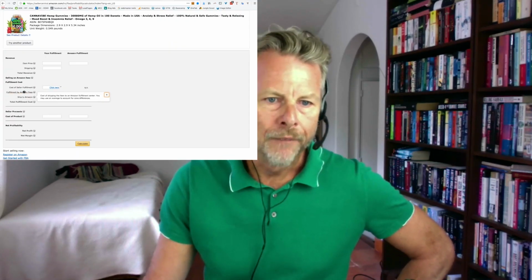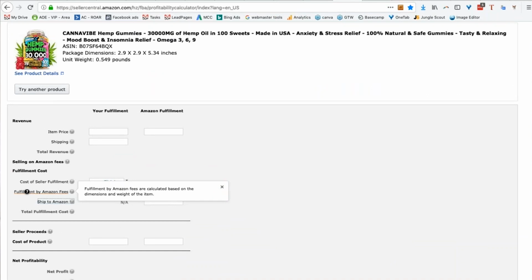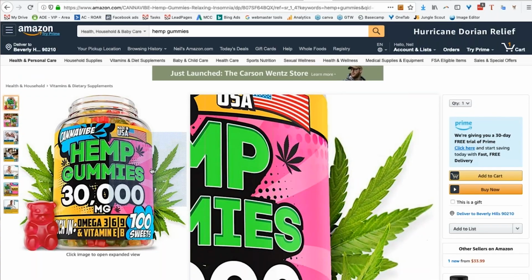Way number two is fixed fees. Now the fixed fees are, come back over, fulfillment by Amazon fees. Now these fees are set. They are set based on the product itself.